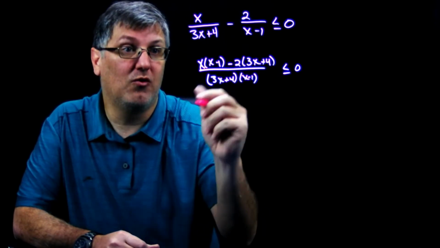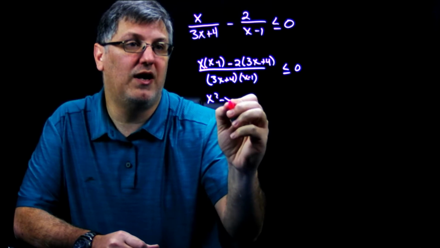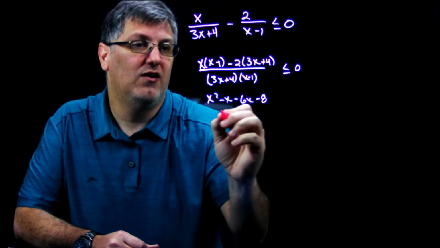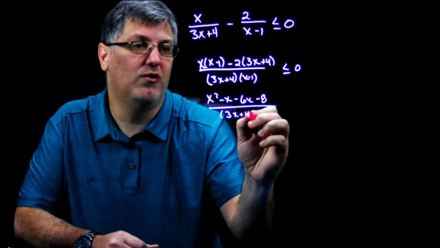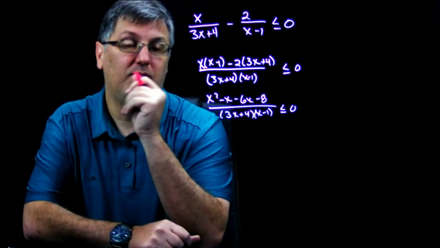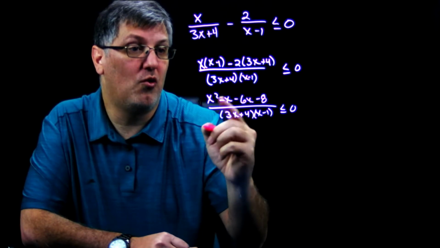We are then going to go ahead and distribute and clean up my top. And I got x squared minus x minus 6x minus 8, all over still my denominator, 3x plus 4, x minus 1, has to be less than or equal to 0. All right, from here, clean up the top, combine like terms.